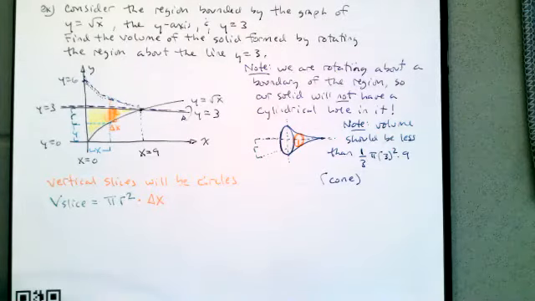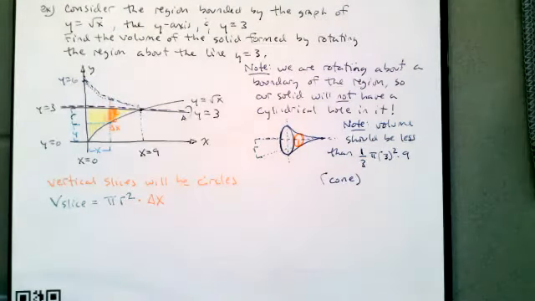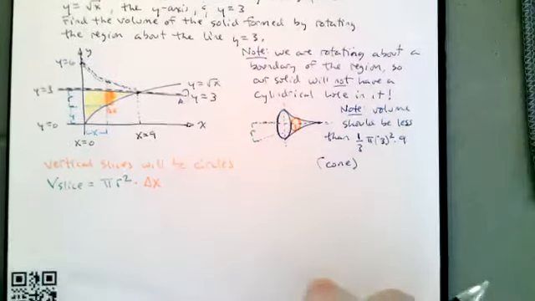We just need to write the radius in terms of x. What we notice is that the radius is a vertical thing, so it starts off in terms of y.